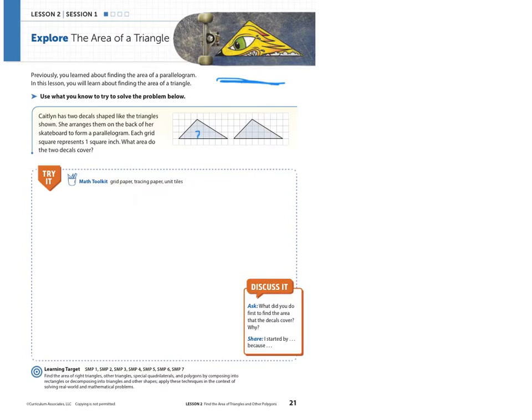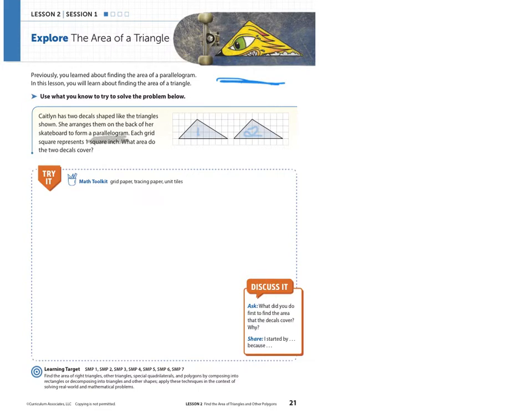So that's triangle number 1 and triangle number 2. So we have 2 of our triangles that we're working with. She arranges them on the back of her skateboard to form a parallelogram. So that word parallelogram right there. Each grid square represents 1 square inch.